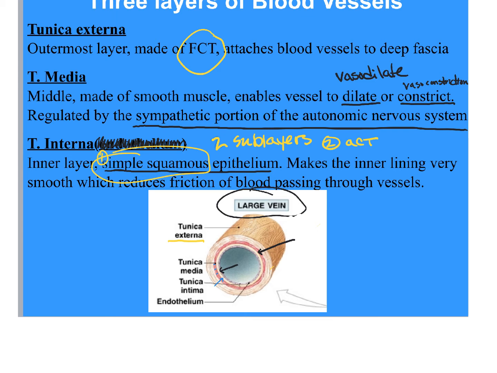The function of having the simple squamous here lining the lumen is that it reduces friction from the blood passing through the vessels. So if you can imagine blood passing through these vessels right here, the last thing we want to do is have blood products or blood cells or anything that's being carried in the blood get caught up on the endothelium, because that can snowball very quickly and reduce blood flow, which can be a problem.